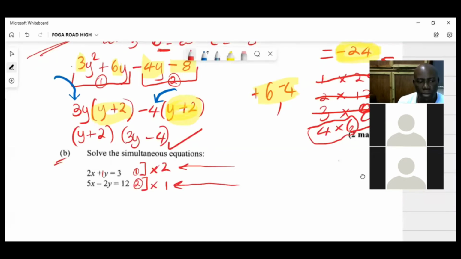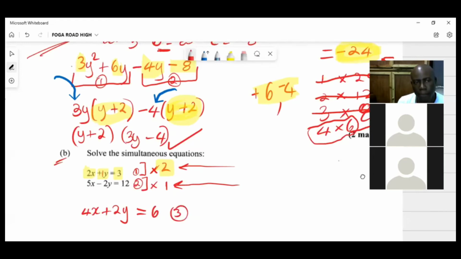So let us go for equation 3. This 2 here, let me color it yellow. We're going to use it to multiply by this, then this, then this. 2 times 2x gives us 4x. 2 times 1y, or just y, gives us 2y. 2 times 3 gives us 6. So this is equation 3.